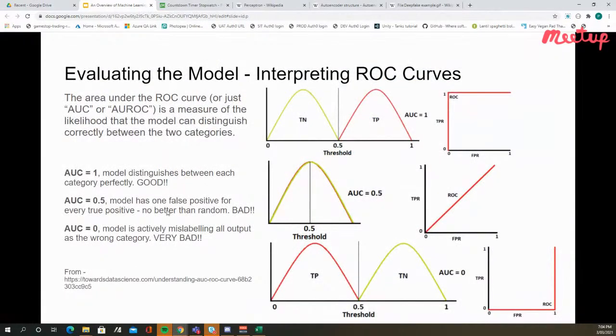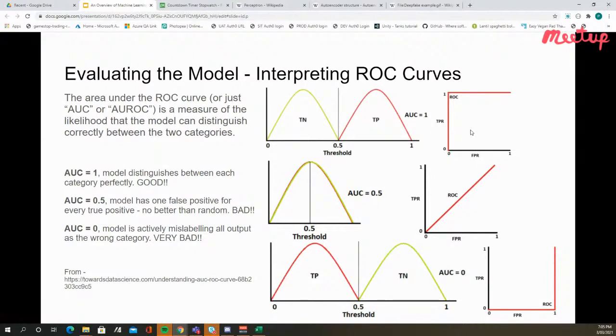So the area underneath the curve is known as the area under curve, or AUROC, and it's particularly important in judging how well your model works. So if your curve looks like this, so essentially it goes straight up and flattens at 1, that means all your results are true positives, and none of them are false positives, and that's amazing.